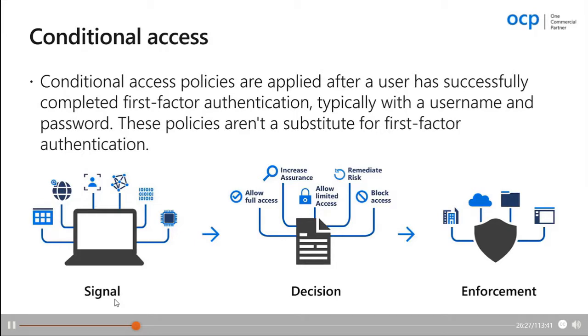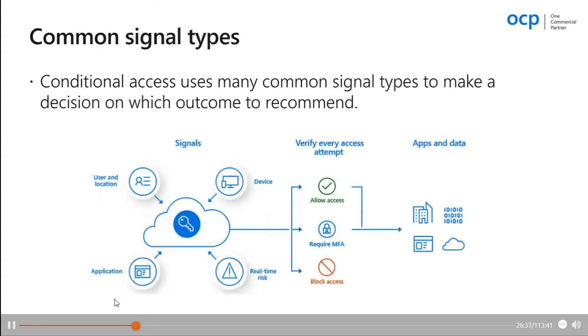Based on those signals together, I can make a decision: limit the access, remediate the risk, block the access, and then enforce certain things like, for example, requiring MFA.